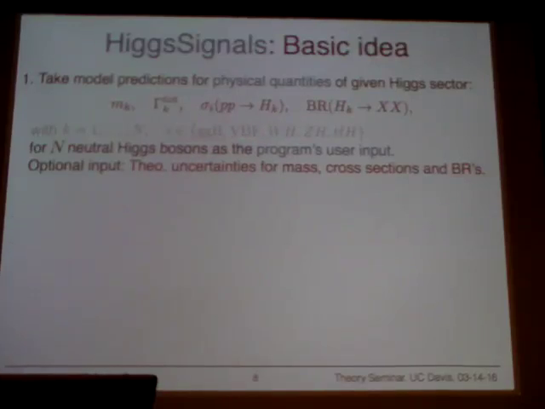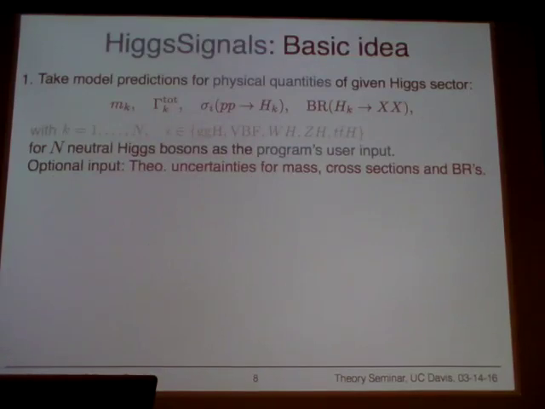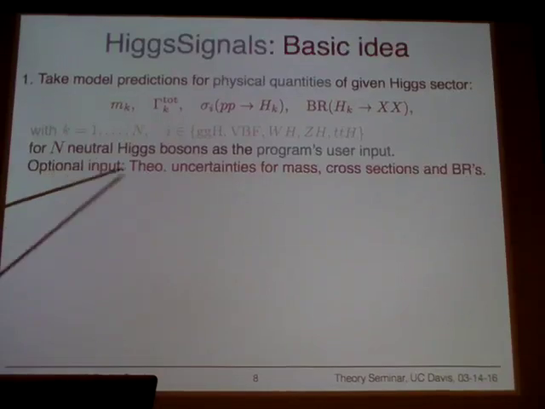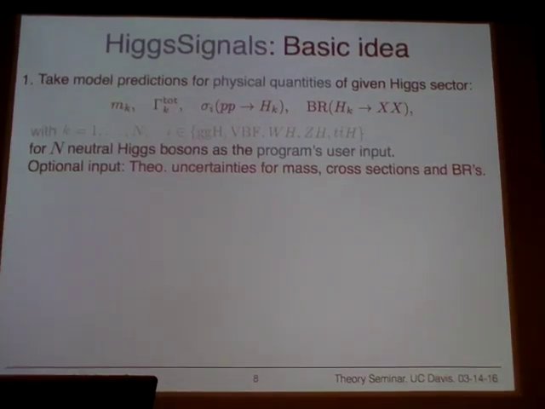So this has to be calculated in advance. These rates actually can be given in some sort of an effective coupling scheme or approximation, and then the code evaluates these cross-sections. There's also optional input, so you can specify theoretical uncertainties for your predictions on masses and cross-sections and branching ratios, and this will be taken into account in the chi-square testing.